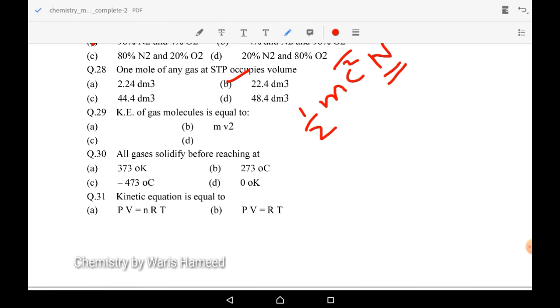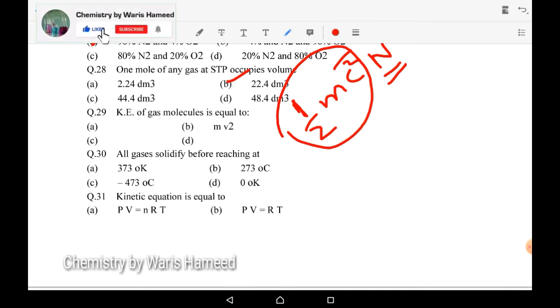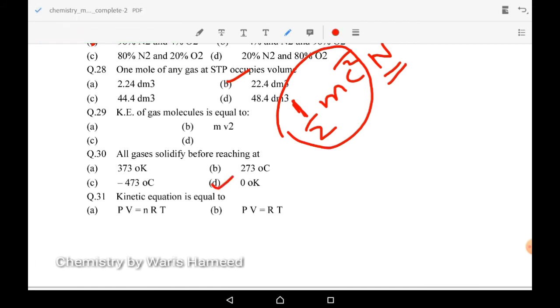Then we can say that the kinetic energy of a gas molecule is actually equal to 1/2 m c square bar. 30th MCQ. All gases solidify before reaching 0 Kelvin. 0 Kelvin is a temperature at which the gases will solidify.